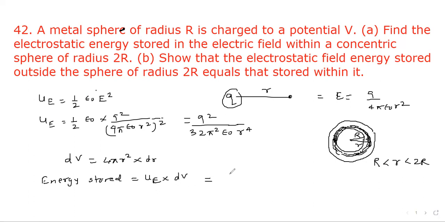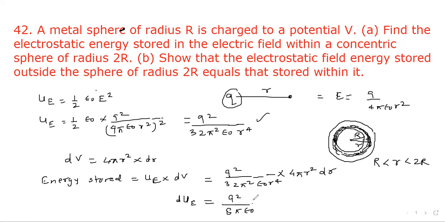So energy density, we have found this Q square divided by 32 pi square epsilon naught r power 4 into dV, this is 4 pi r square dr. So this will become this energy stored, suppose this is dU here with a capital D. So it will become Q square upon 8 pi epsilon naught times r power minus 2 dr.